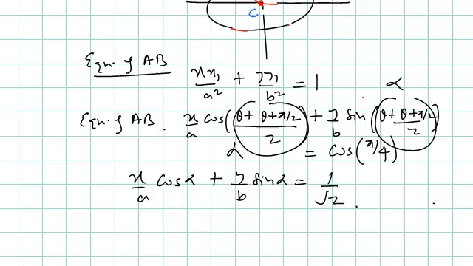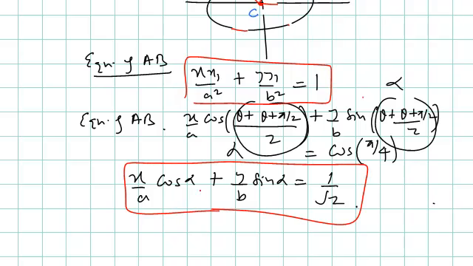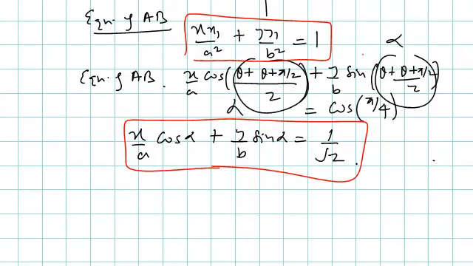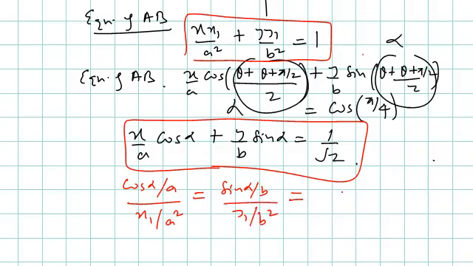Now I have this as equation of AB and I have this other equation of AB. Now one line has two equations. How is this possible? They should be proportional to each other. So cos alpha by a divided by x1 by a square equals sin alpha by b divided by y1 by b square equals 1 by root 2.